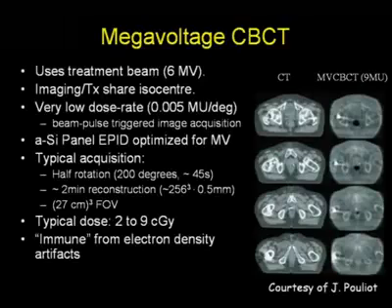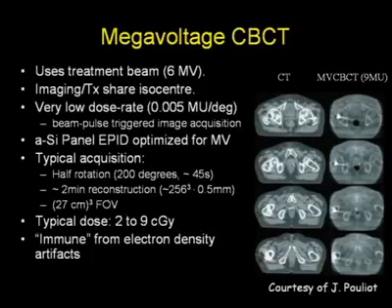There's also the megavoltage cone beam CT variants that use the portal imaging system in combination with the treatment beam in order to reconstruct volumetric information using the treatment beam. The beauty of this system is that the imaging and treatment beams share the exact same isocenter.